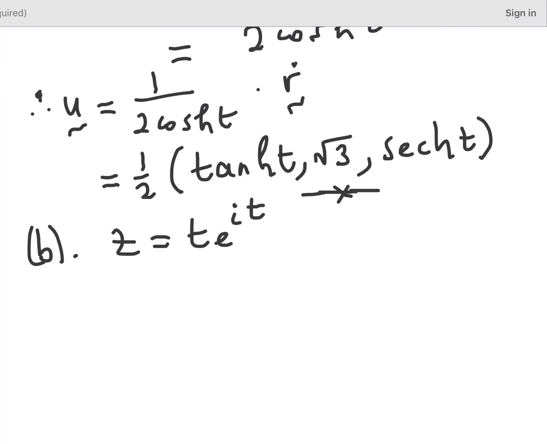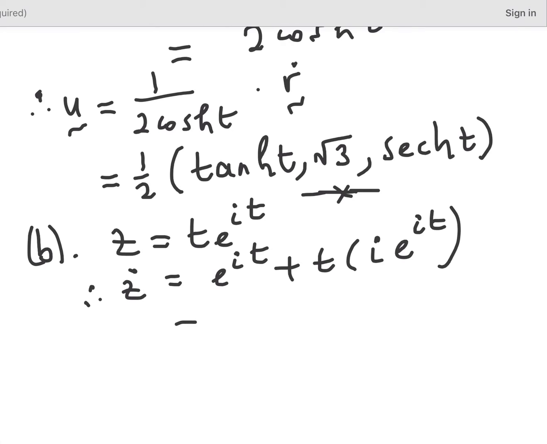However, what we get from this is that z dot, now applying your usual product rule, would be 1 times e to the it plus t times the derivative of e to the it, which is e to the it times i. That can then be simplified as 1 plus it multiplied by e to the it, removing e to the it as a common factor.